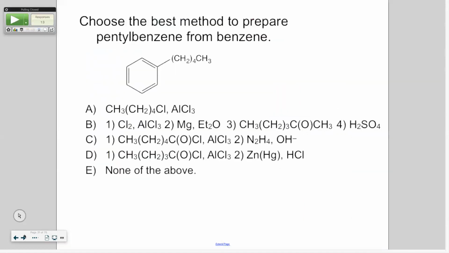All right. The best method to prepare pentylbenzene from benzene. Here are your steps. Remember that CO means carbonyl. It might take you a minute to figure that out. We're going to make pentylbenzene from benzene. These are the reagents.